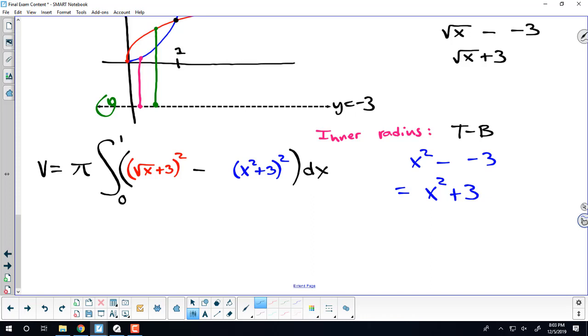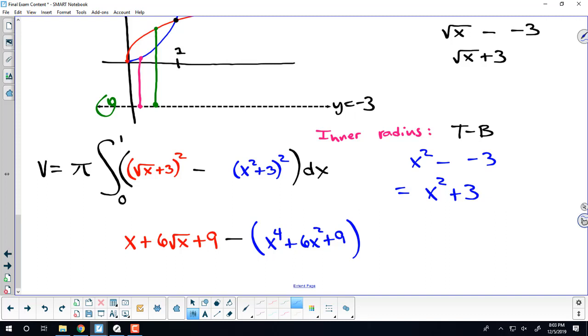So it's still powers of x, there's just more terms because you've got to square both of those now. You'll end up integrating those, just powers of x. You integrate each piece from 0 to 1.